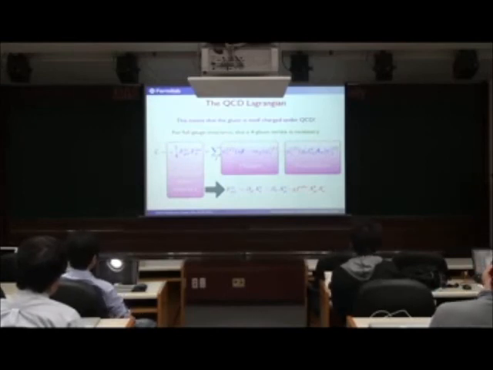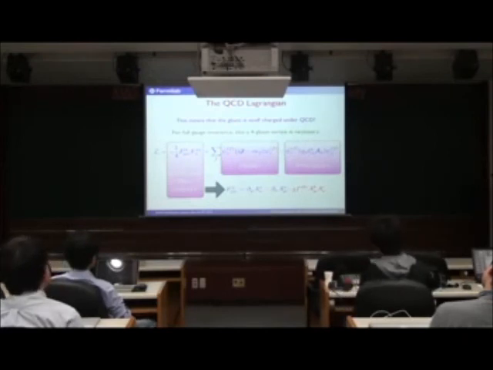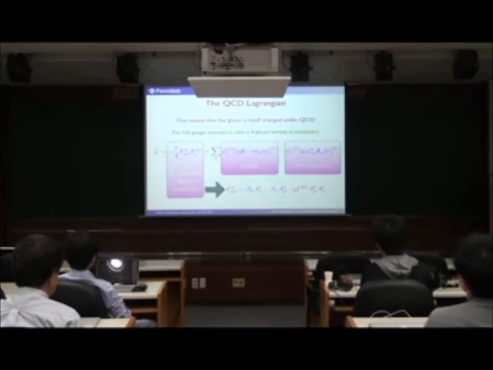So it looks exactly like the QED Lagrangian. We have the gauge field, or the gauge fields and the kinetic term. We have the matter kinetic term, and then we have the interaction term. But the field strength that we have here has this extra factor due to the non-abelian nature of QCD.